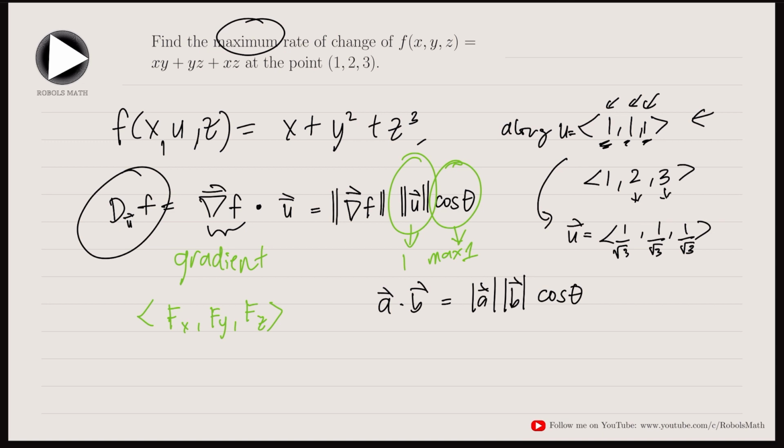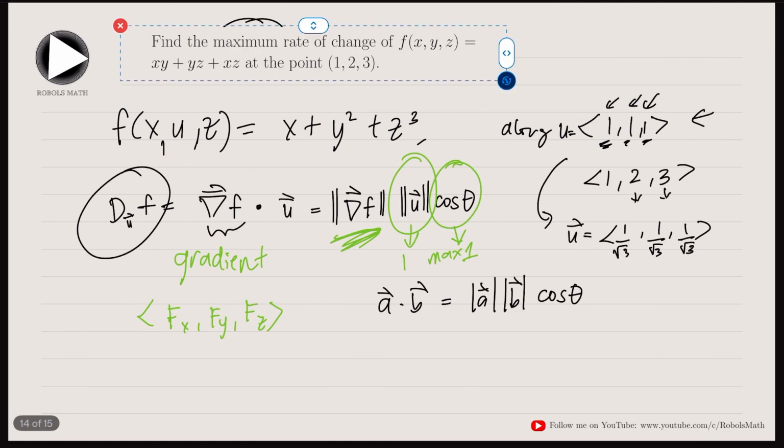Therefore, the maximum value of the directional derivative only depends upon the magnitude of your gradient. So again, max rate of change equals the magnitude of the gradient. You get it? Is that okay?